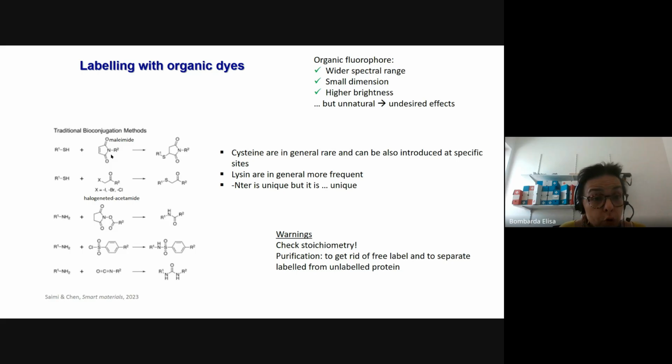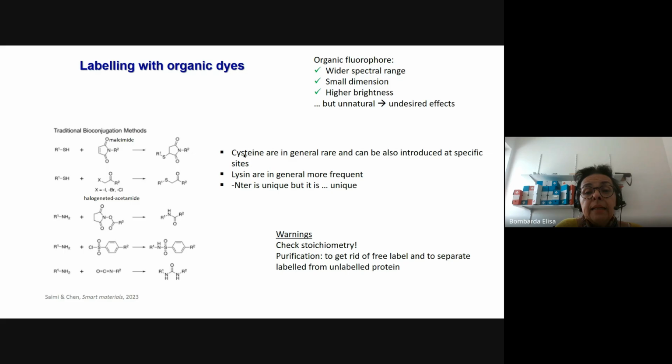Or they are even sold already linked with the maleimide group, and the maleimide group interacts specifically with the thiol group, and the thiol group exists in protein because it is the side chain of cysteine, so cysteine is in fact a good labeling target in the protein.